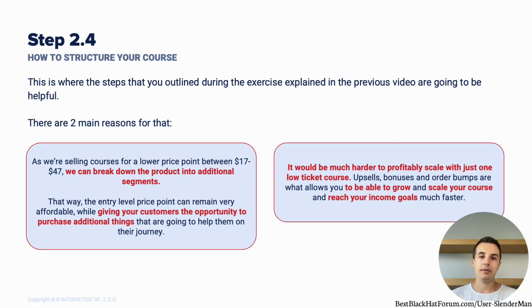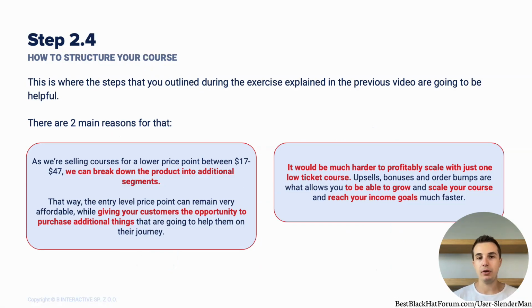Second of all, it would be much more difficult to profitably scale with just one low ticket course. What allows you to scale profitably and to achieve significant revenue are going to be your upsells, your bonuses, and your order bumps, because they again increase perceived value and they allow you to monetize the customer in additional ways, and basically help you reach your income goal faster.